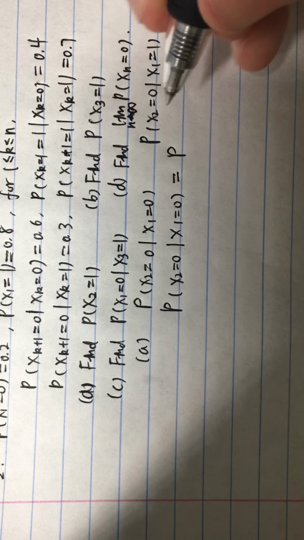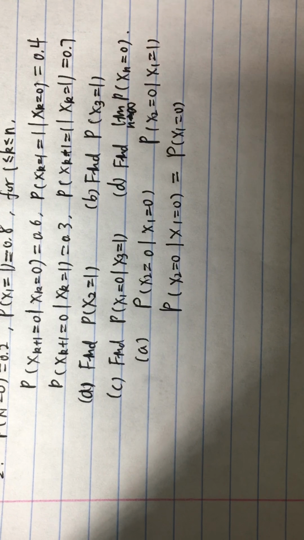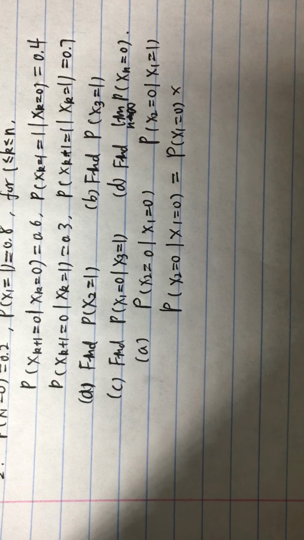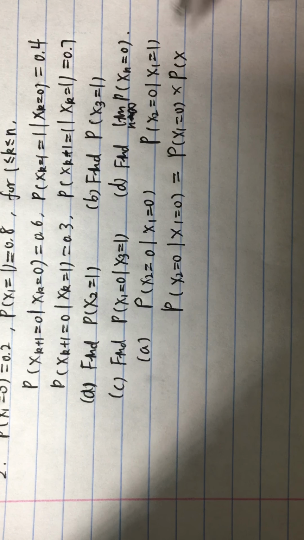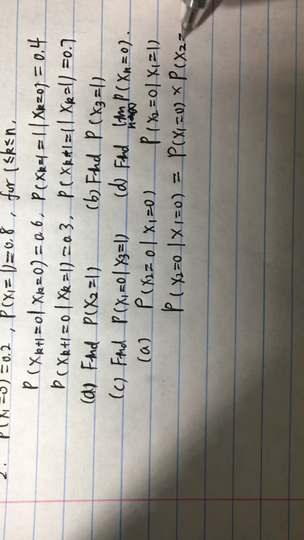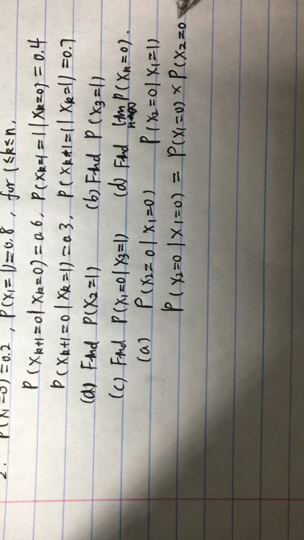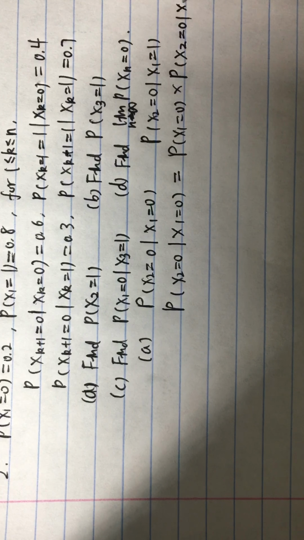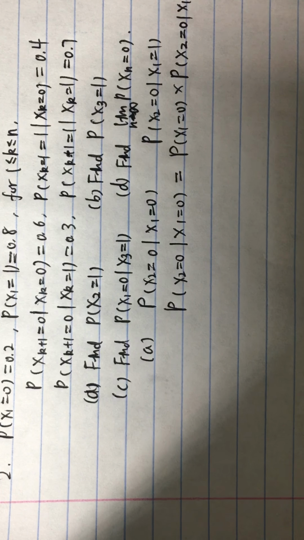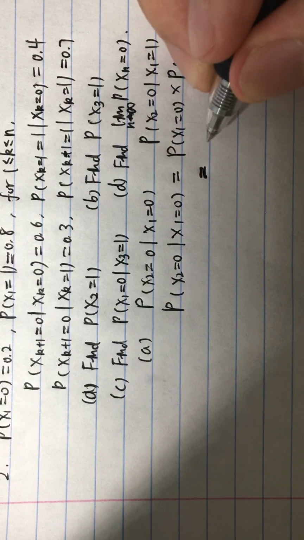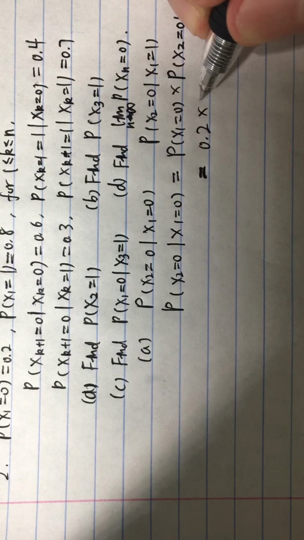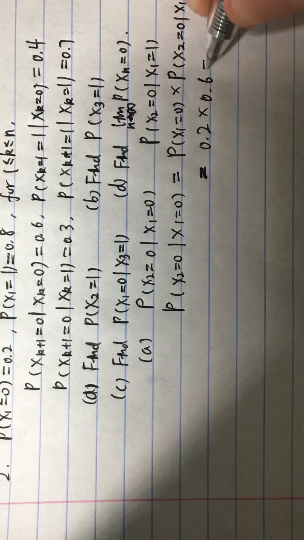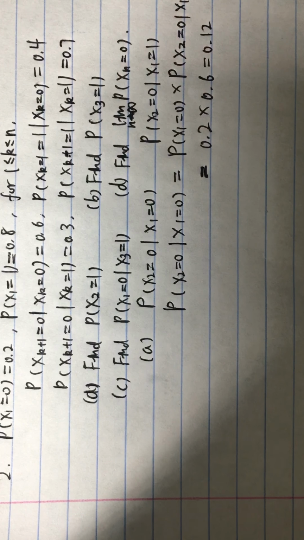the probability x1 equals 0 multiplied by the probability x2 equals 0 when x1 equals 0, which equals 0.2 multiplied by 0.6 equals 0.12.